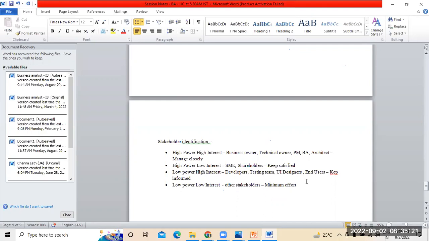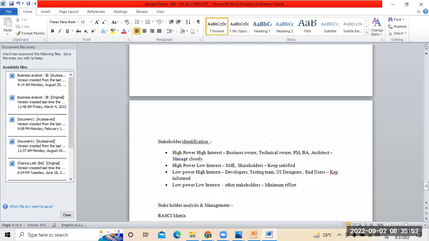Once the stakeholder identification is done, the next is stakeholder analysis and management. For that, there is a matrix which we normally use, called the RACI matrix.